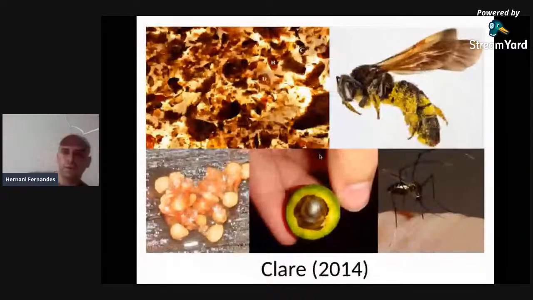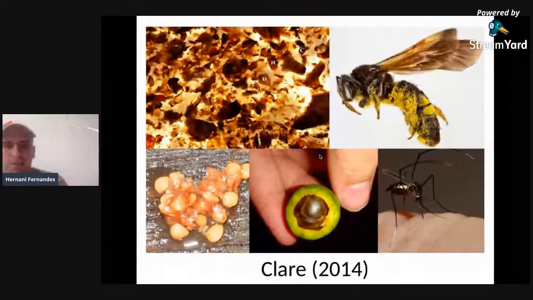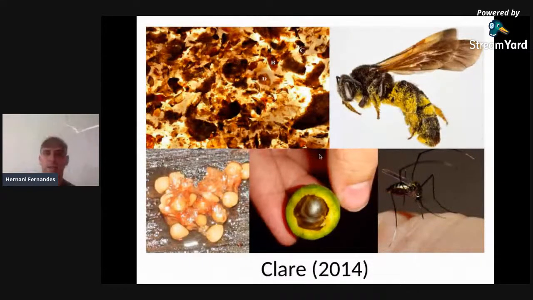And the good thing about working with DNA is that there is DNA basically everywhere. You can find samples of DNA in the wings or on the body of an insect that's transporting pollen from one flower to another. You have DNA on a fruit that has been eaten by a frugivore, on the seeds that have been dispersed by the same frugivore, and on insects that are feeding on blood, for example.